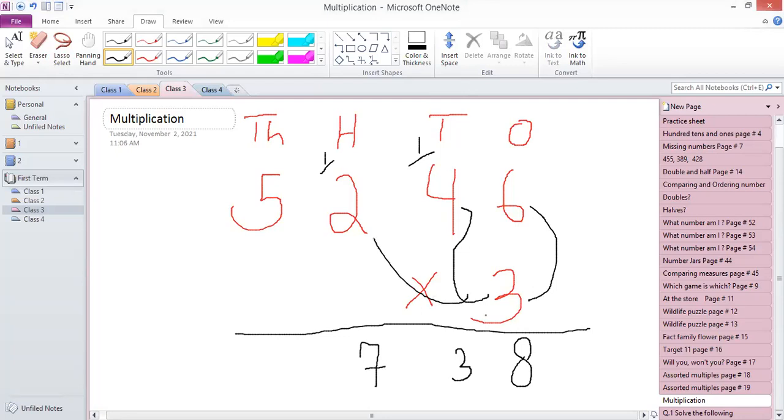And then you have to multiply this 3 with the 1000. So 3 multiplied by 5 equals what? 15. 3 multiplied by 5 equals 15. So you will write here 15.